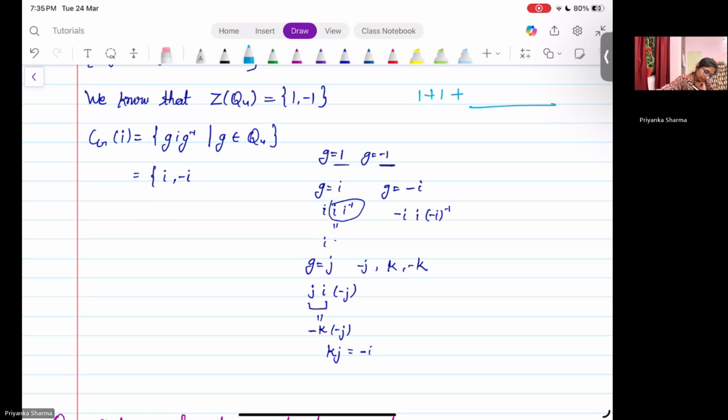That's why the conjugacy class of I will have only 2 elements, I and minus I.